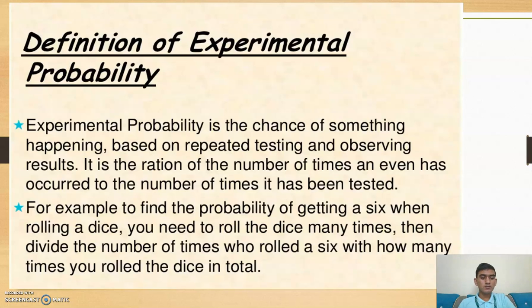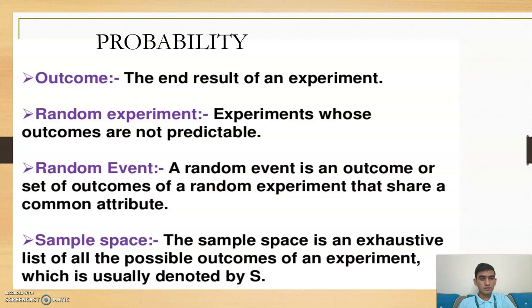For example, to find the probability of getting a 6 when rolling a die, you need to roll the dice many times, then divide the number of times you rolled a 6 by how many times you rolled the dice in total.